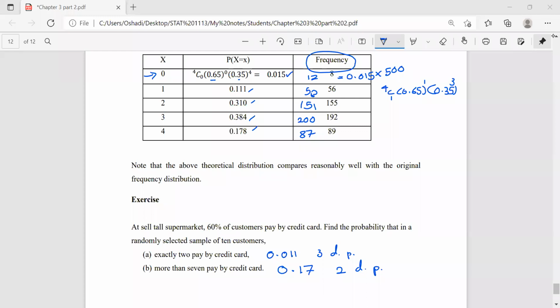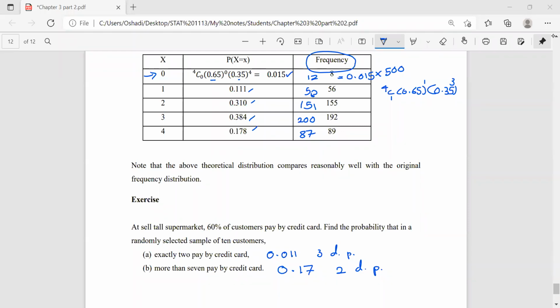So if we choose one customer, it is a Bernoulli experiment. So we have 10 customers selected at random. That means that Bernoulli experiment has been done 10 times, 10 trials. So it is a binomial experiment.